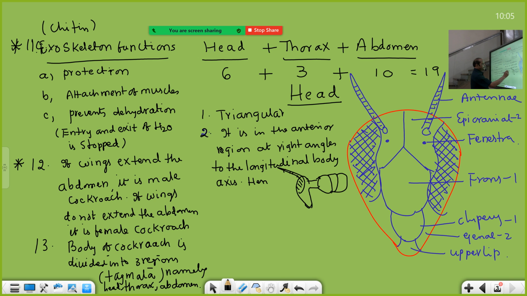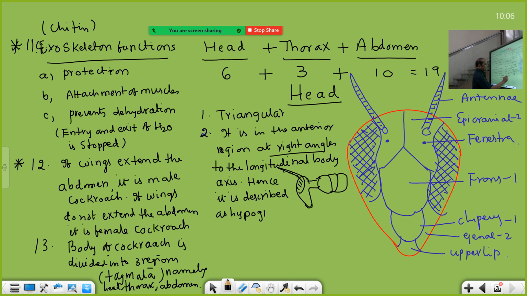Hence, it is described as hypognathous head. Hypo means below, gnathous means jaws. Jaws are directed towards the ground. That's why it is described as hypognathous, because its location is at right angles to the body axis. Hence, the head is bent like this. So, jaws facing the ground.